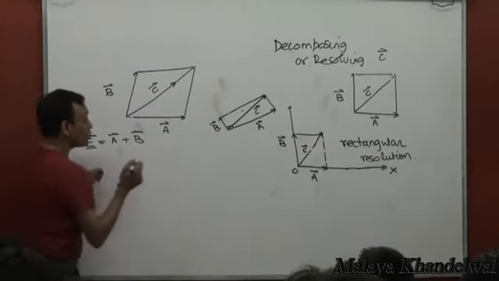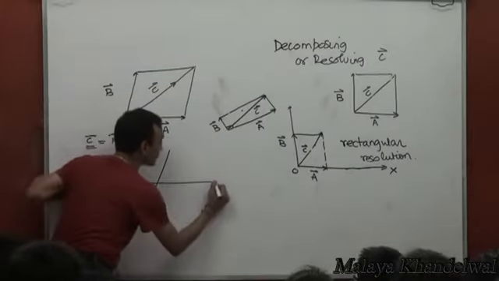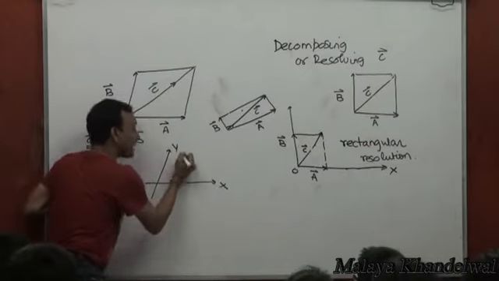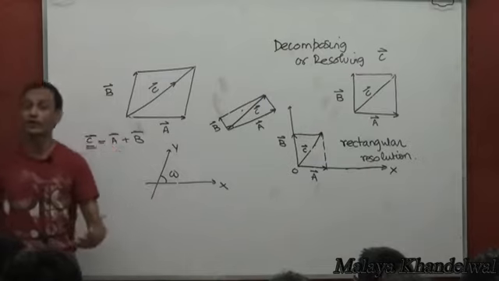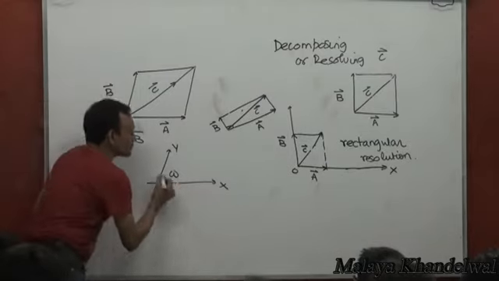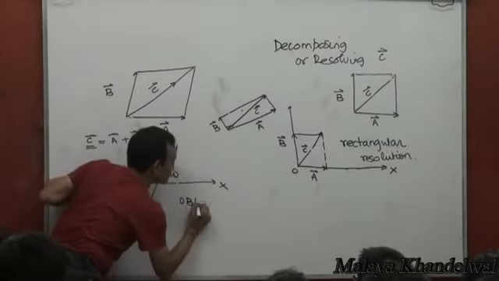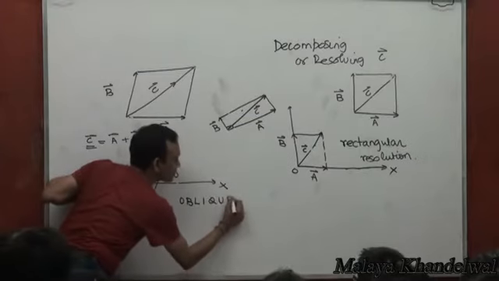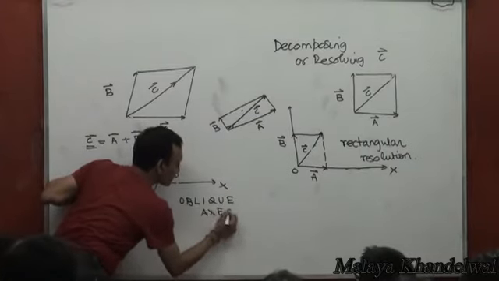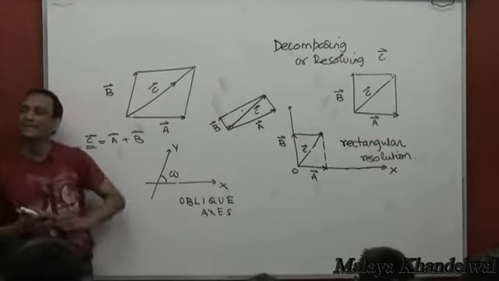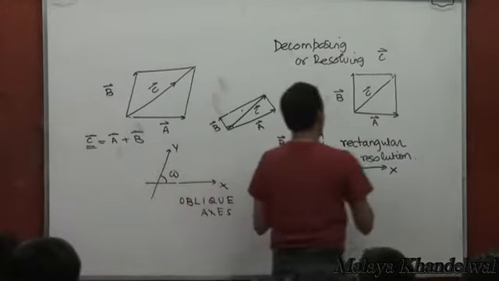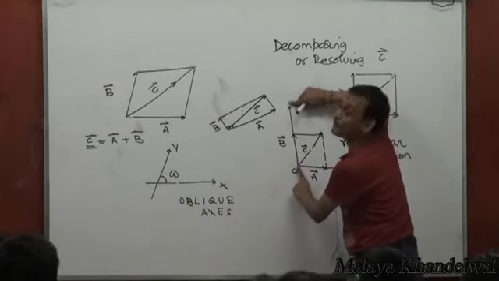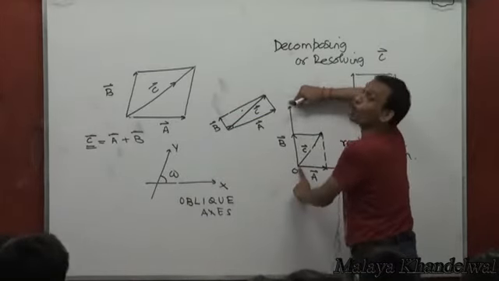We can have a system of coordinates in which the x and y axes are inclined at an angle omega with respect to each other. We say that this is a case of oblique axis. Oblique axis, right? And this is a case of perpendicular or orthogonal axis.